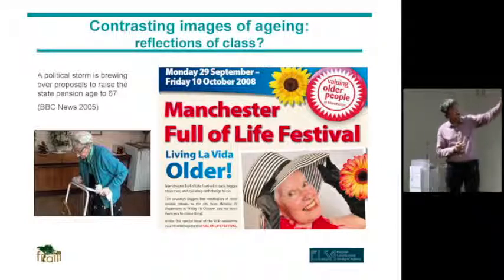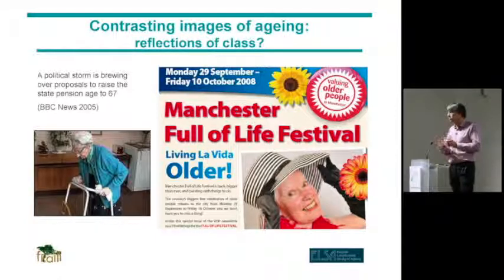And that's reflected in the picture on the right, where several years ago we had this Manchester Full of Life festival, which was targeted around celebrating age, promoting cultural spaces for older people, and engaging older people in broader community activities.